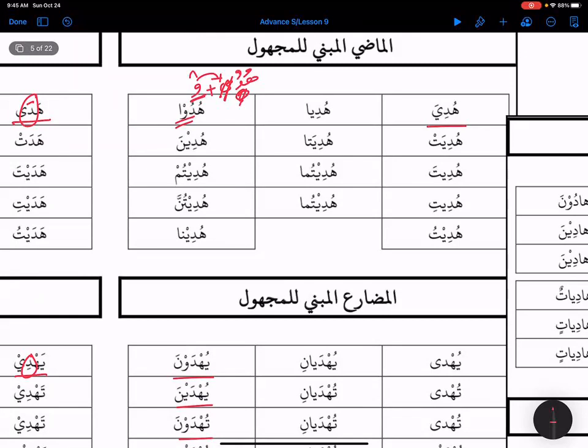So this is how it becomes Hudu. Oh, because wow needs Dhamma. Yes. So we need to just remember that whenever we see in Nakis at home, this vow is not a weak letter. This is the vow of Jama over here.